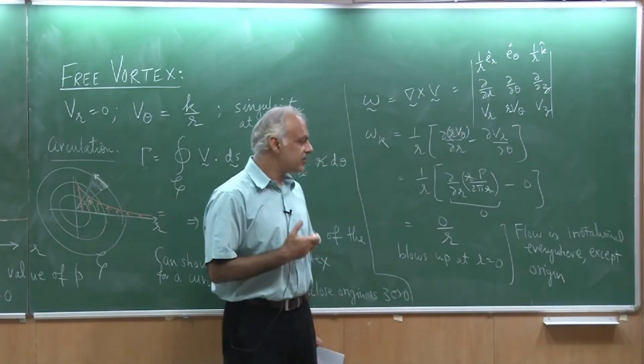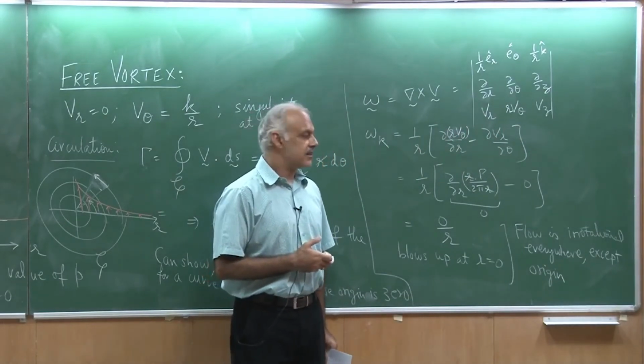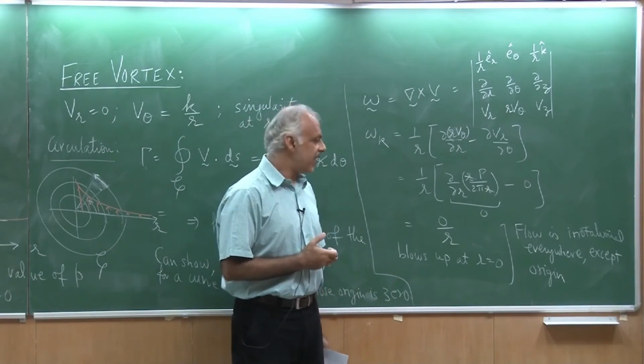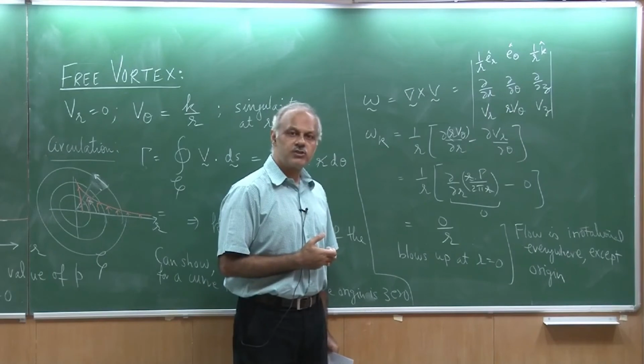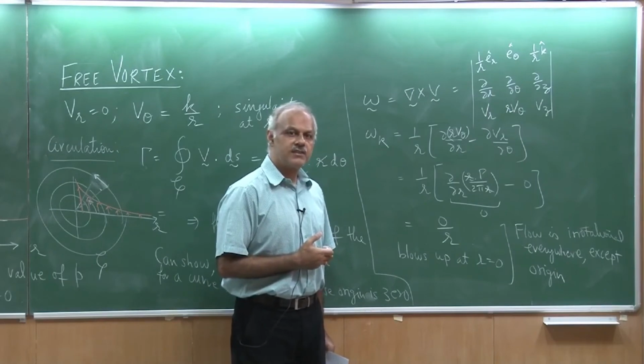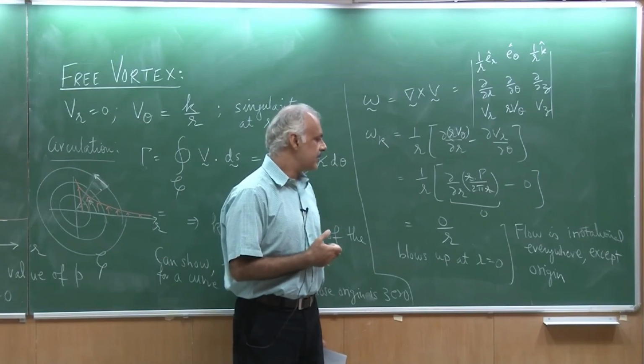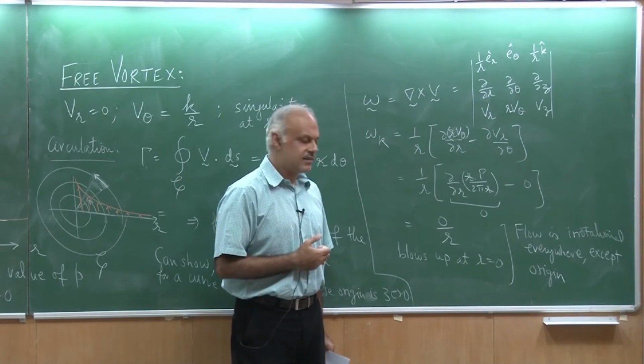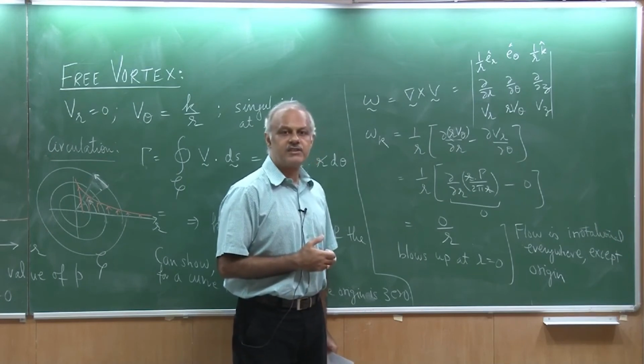Okay, so there are a lot of similarities between the free vortex and the sink, except the fact that the sink and the source are flows with radial speeds and the vortex is a flow with tangential speed, but both have a singularity at origin.